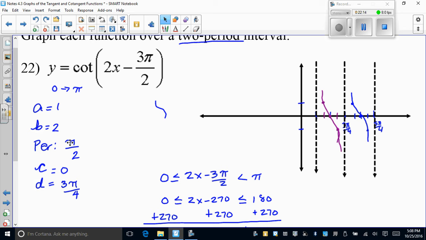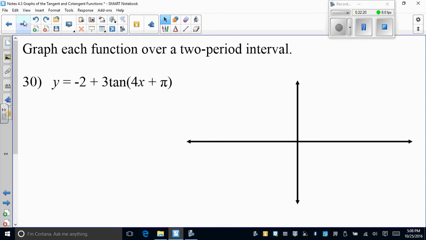I know that we're pushing on the time, but I'm going to hit that last one because this one's got everything going for us. Again, a 2-period interval. A equals 3, B equals 4.